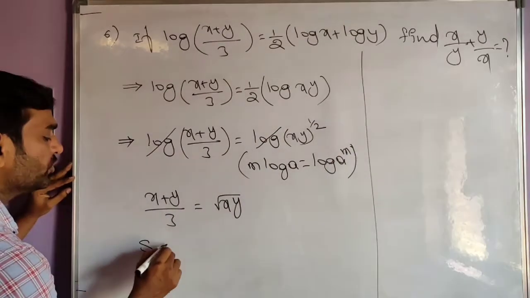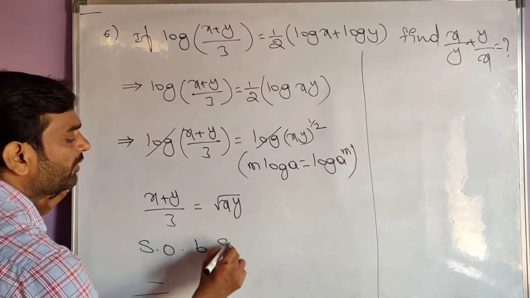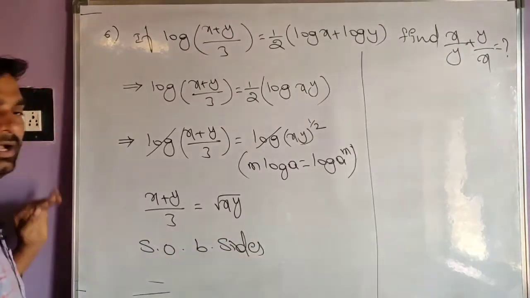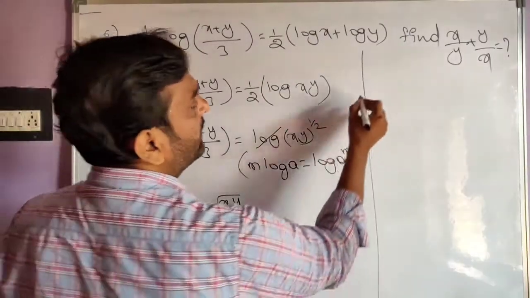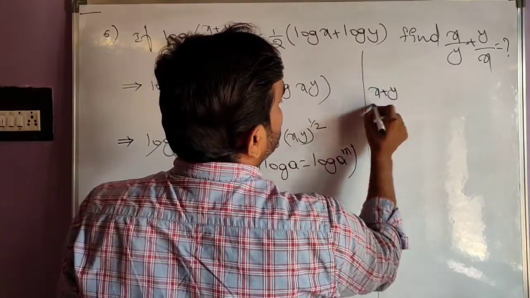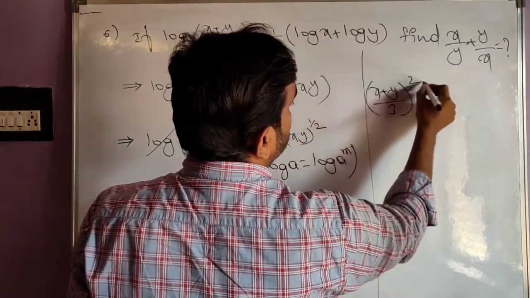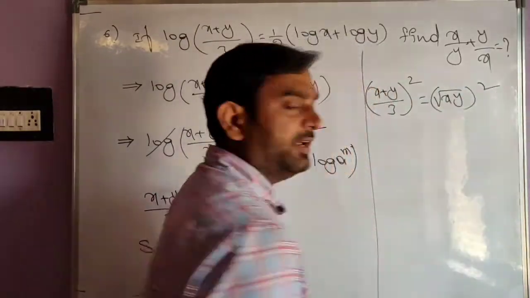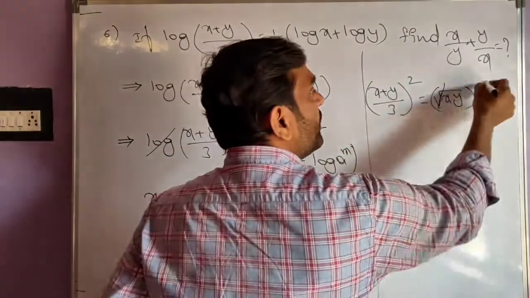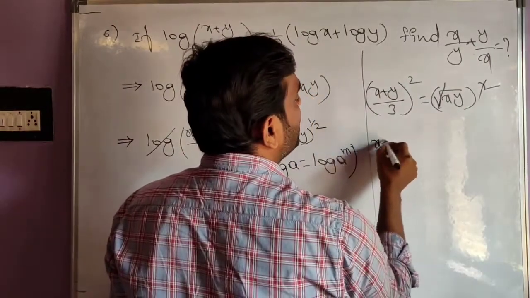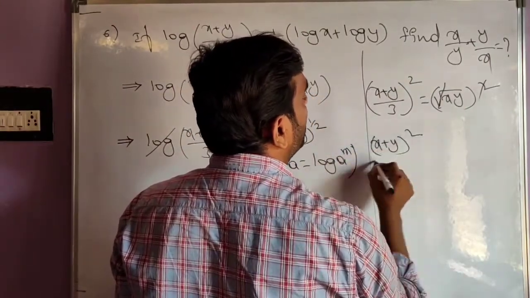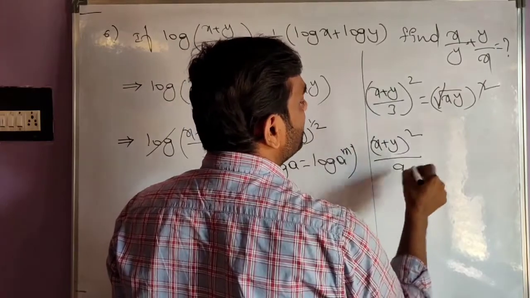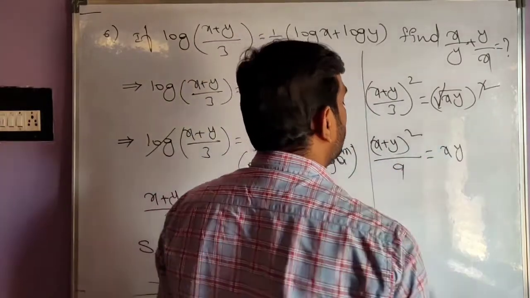Now squaring on both sides. Then ((x plus y) by 3) whole square is equal to (root xy) whole square. The root and square cancel. Here (x plus y) whole square by 3 square, which is 9, is equal to xy.